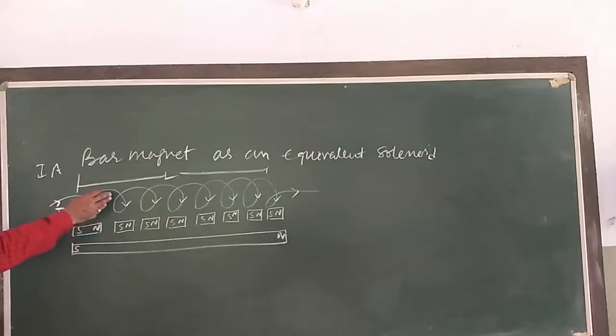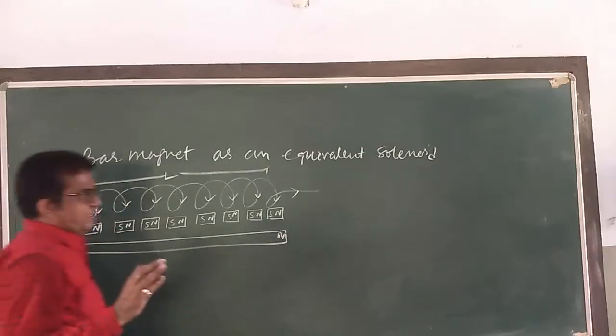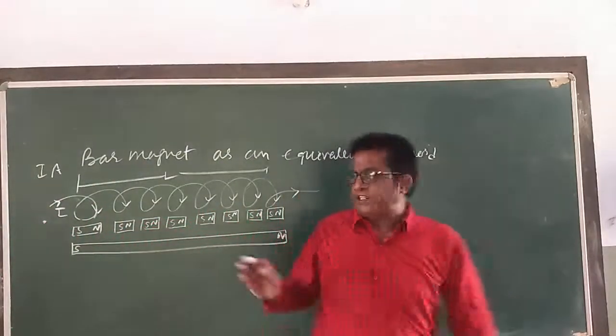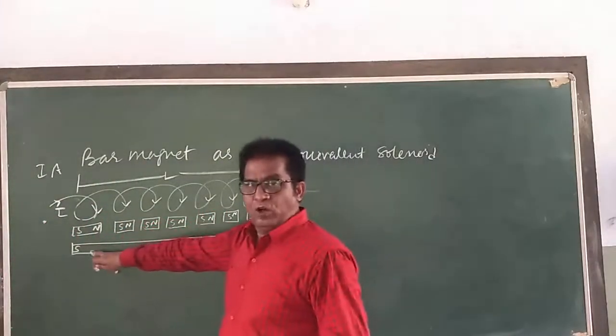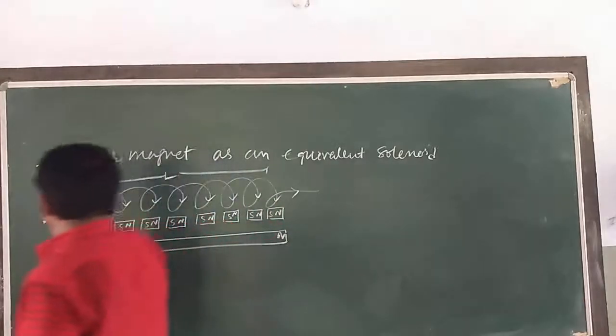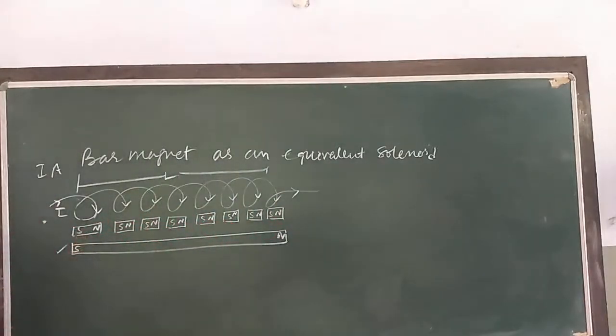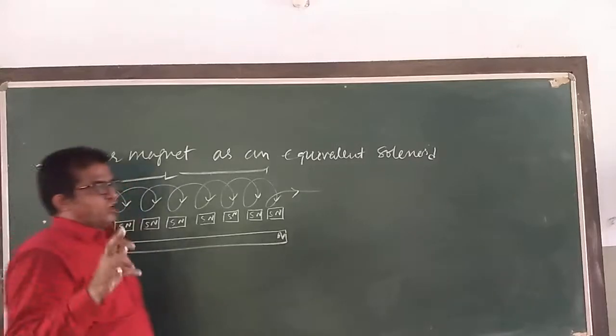So the solenoid can be replaced by a single south pole and north pole, separated by a distance equal to the length of the solenoid.